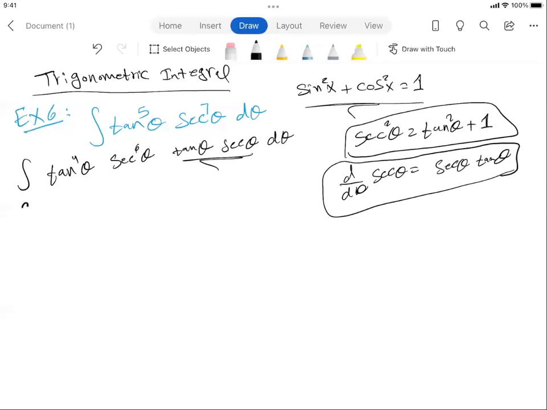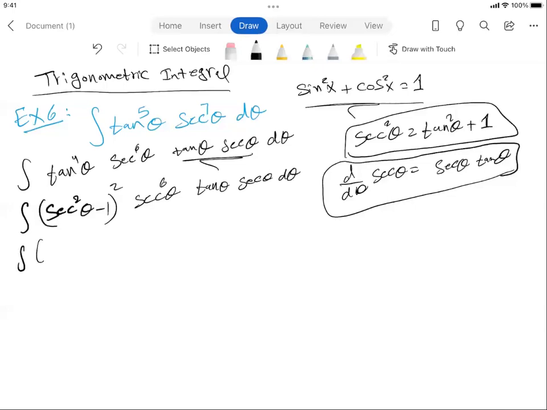So what I'm going to do is split tangent to the fourth as secant square of theta minus 1, this is equal to tangent square, and put square of that because I have on top tangent to the fourth. And here I have secant to the 6th of theta. And then tangent of theta, secant of theta, d theta.